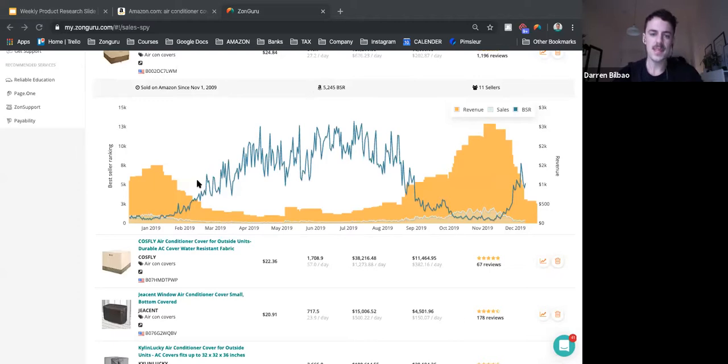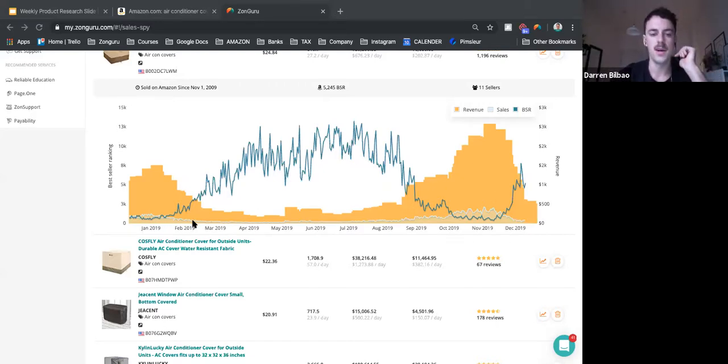Essentially, the higher this number gets, the lower down in the category it is, and the lower the sales. But the lower this number gets, the closer it gets to the number 1 product in the whole category, and the higher the sales get.